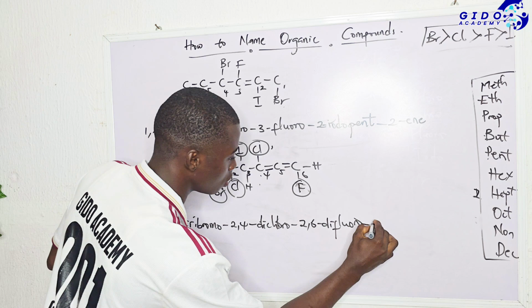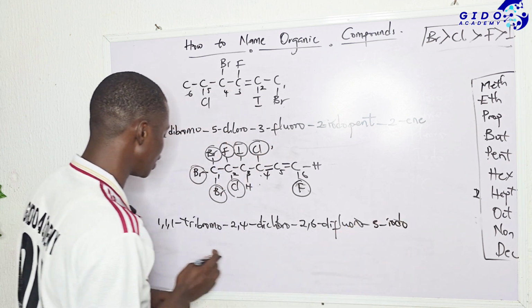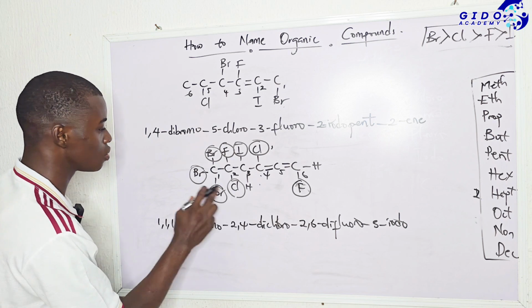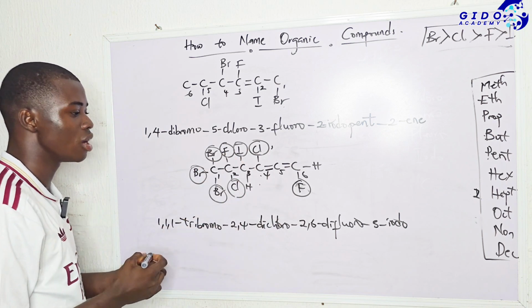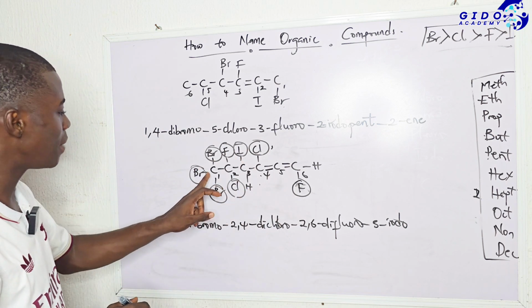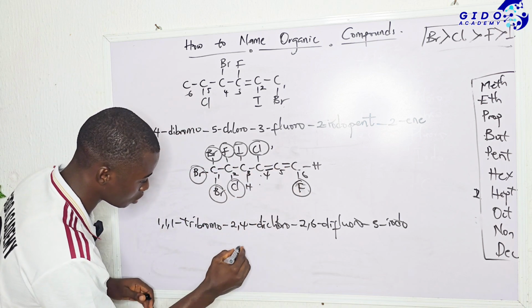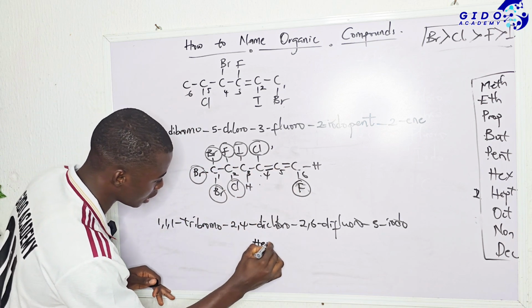Iodine, 3-iodo. Let's count first: 1, 2, 3, 4, 5, 6, 7, 8. So it's correct. Now, how many carbon atoms are there? 1, 2, 3, 4, 5, 6. Six carbon atoms. Six is hex.